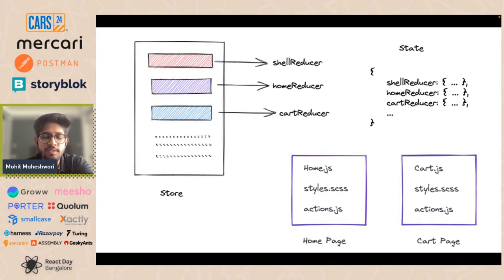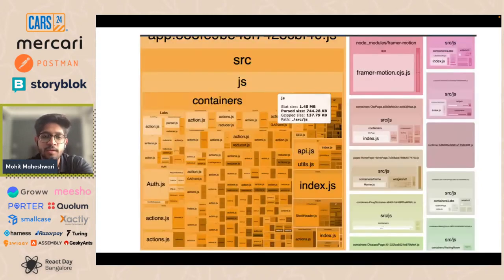This might not be a major issue if we have a small or medium scale application. But as our application grows and our number of pages keeps growing, this becomes a problem because our app bundle size keeps increasing. Just to give an overview, as you can see from this image, this is the app bundle of our 1MG, from a few weeks back.